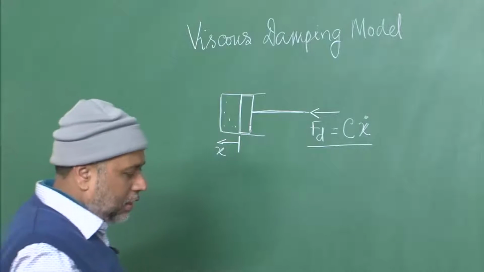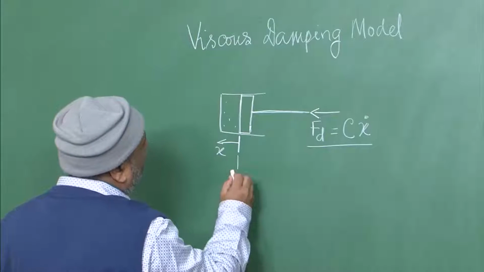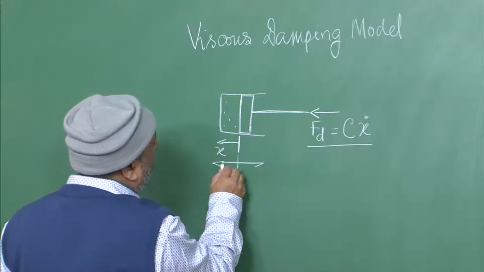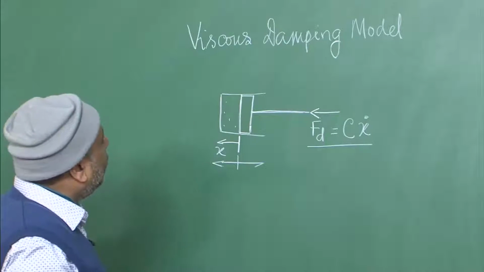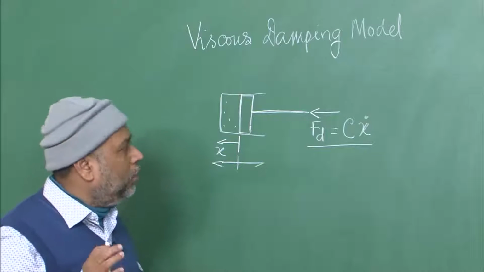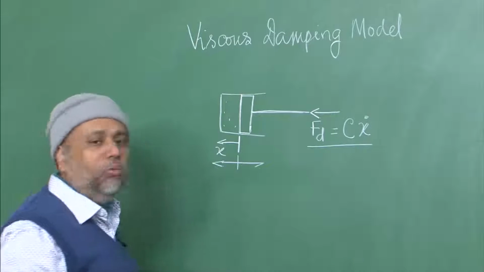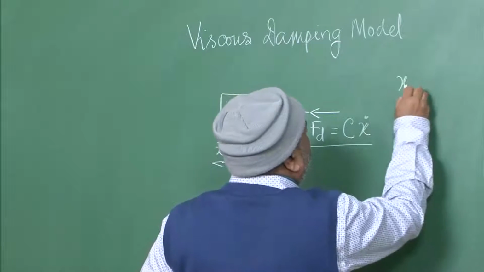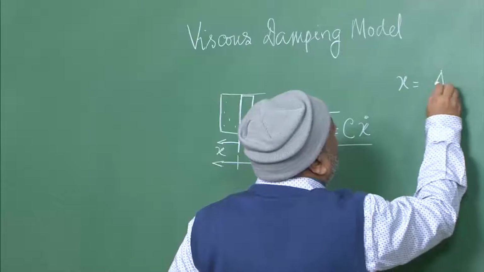Now, let us say that this is happening in a manner to and fro. That means this system is going back and forth, and we want to find out what is the energy that is dissipated in one cycle. So, x in that case can be represented by a periodic signal.